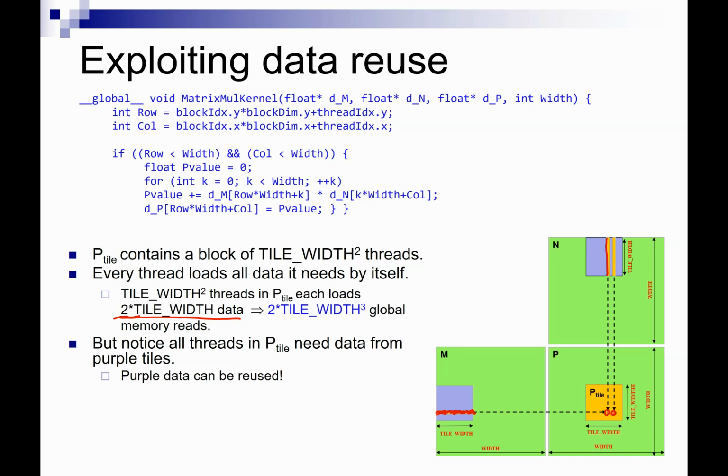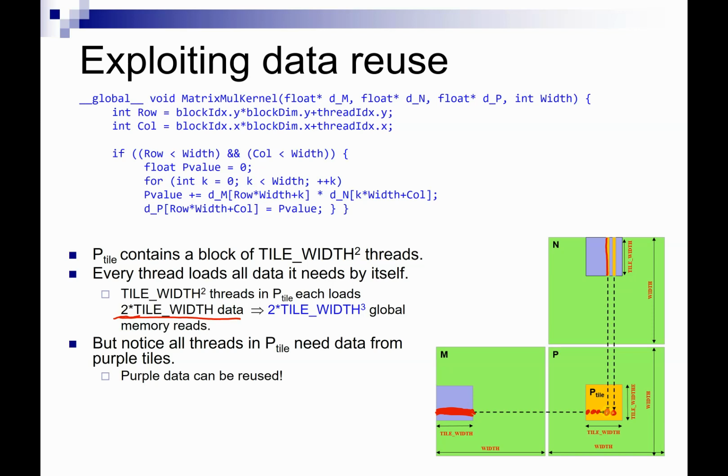So we're doing a lot of redundant accesses to global memory, because these threads are duplicating their work. In fact, all of the threads on this row need to read this part of global memory, so if they all operated independently, they would all be reading the same data over and over.